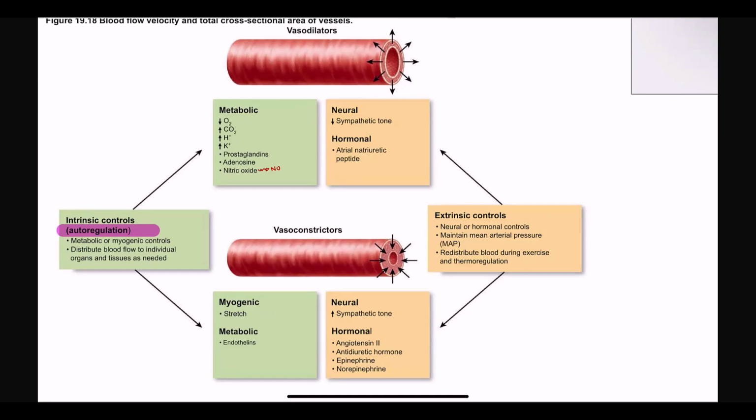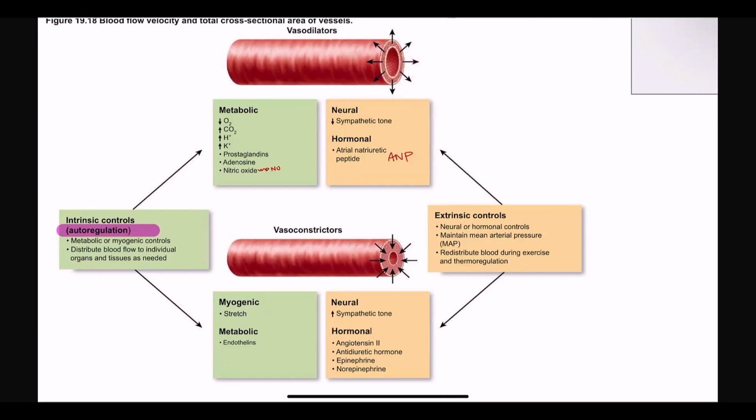What's happening is that then the vessel will dilate. So less sympathetic input, vasodilation. On the hormonal side, we have ANP. We talked about this in the last video. ANP, atrial natriuretic peptide, that's made by the atria, also causes dilation of those vessels.